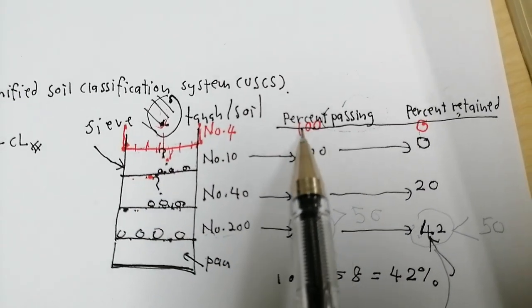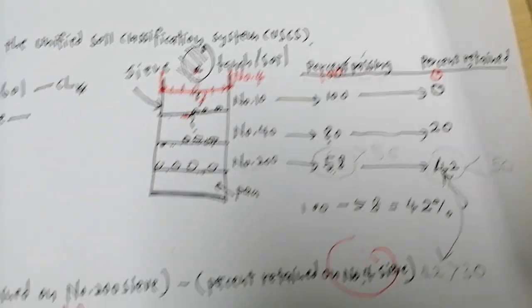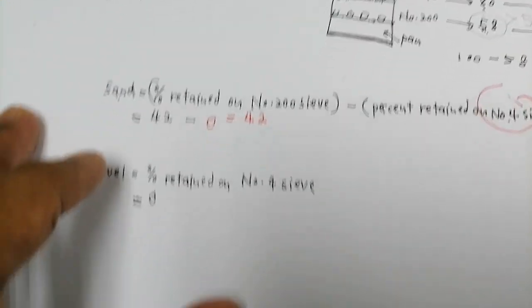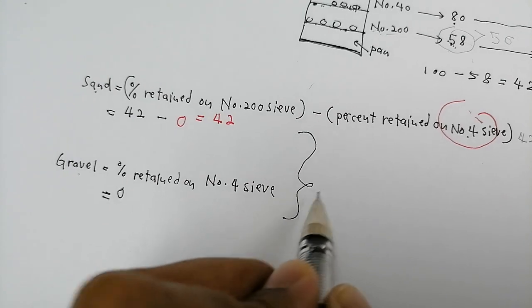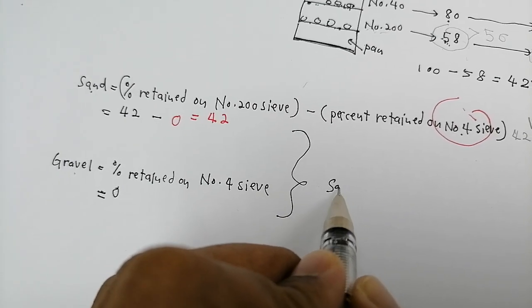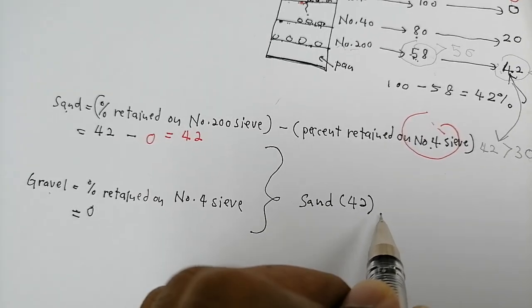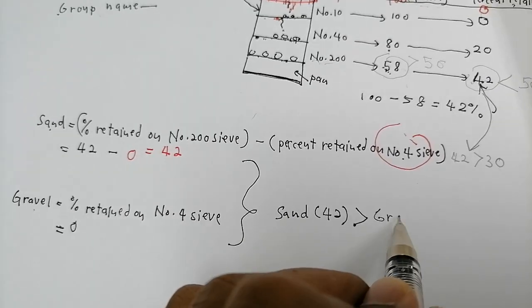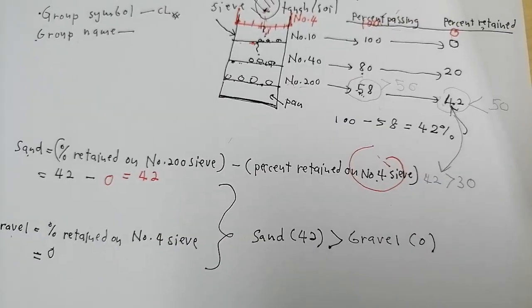Sebab semua melepasi sieve number 4. So, percent retained is 0. Okay. So, from here, we can see that sand, which is 42%, is of course bigger than gravel fraction, which is 0%.